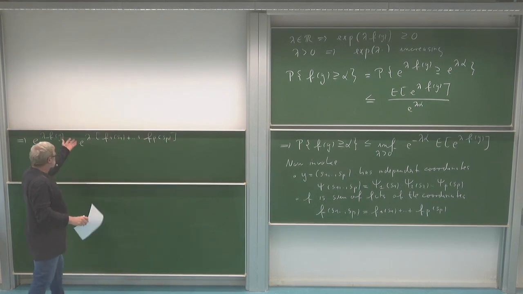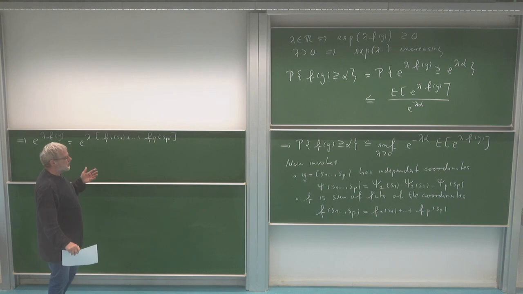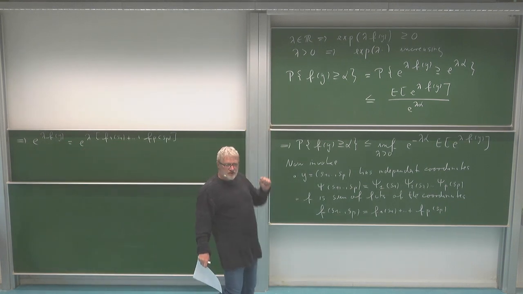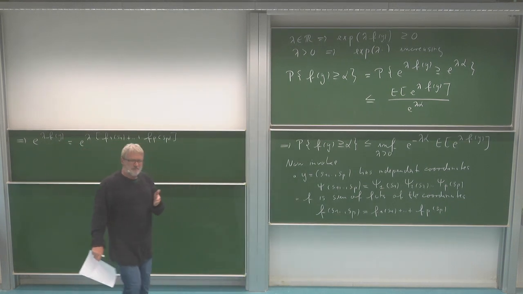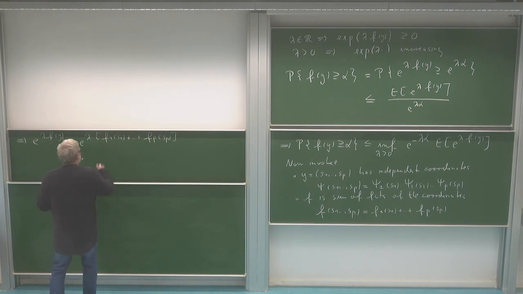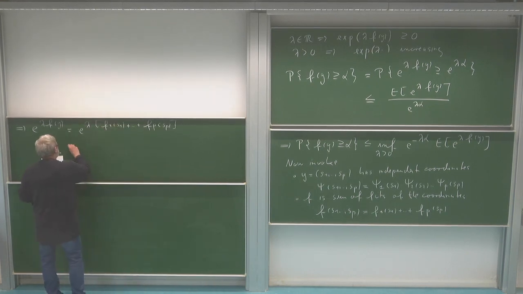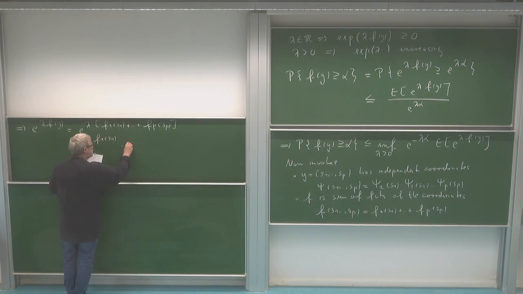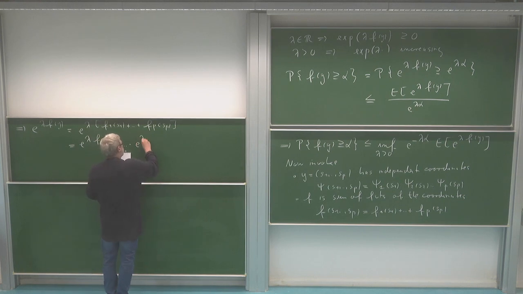That's the reason why we have chosen the exponential function, because e of a sum is the product of the e to the factors. So this is just e to the lambda f1 of s1 times and so on times e to the lambda fp of sp.